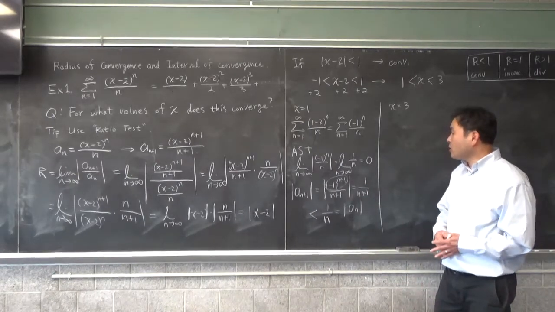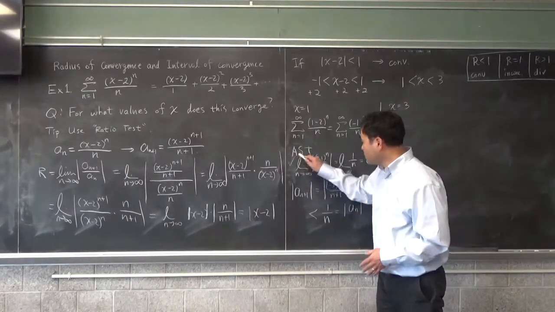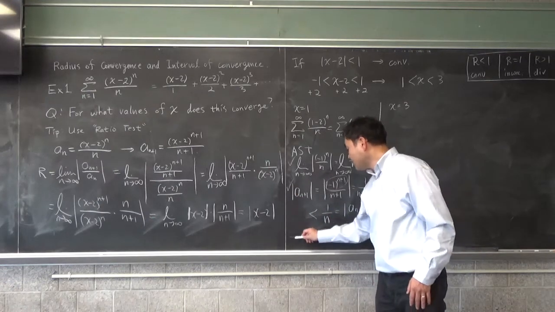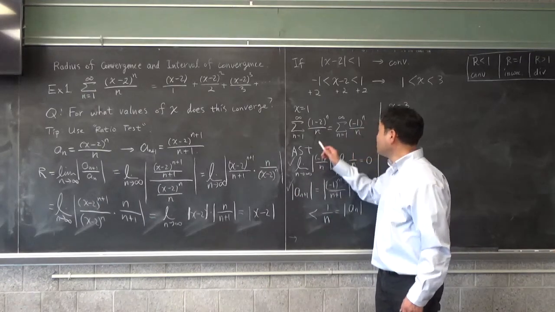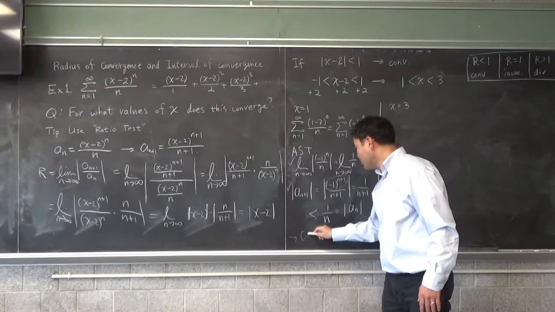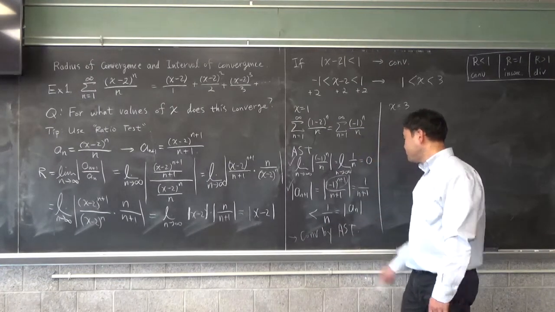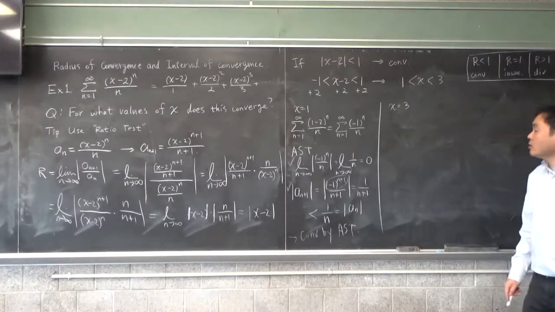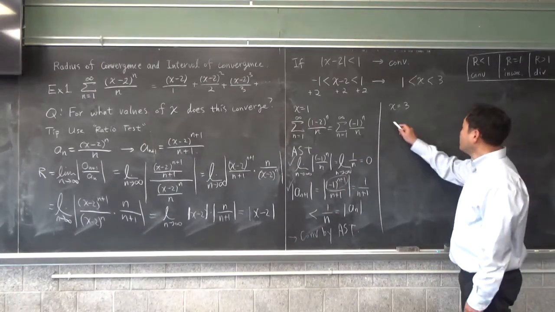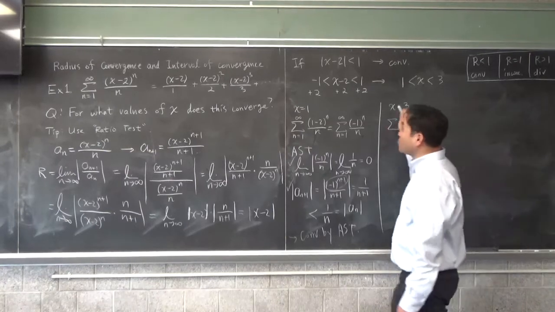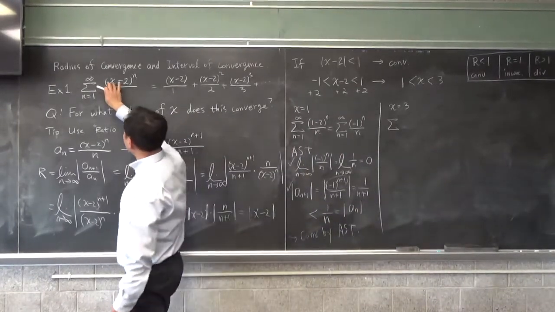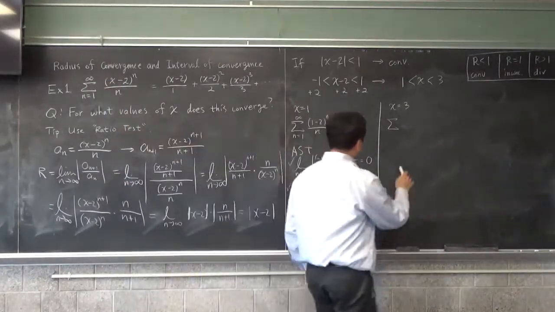All right, so because these two conditions are met, this one and this one, that says this case converges by alternating series test. Okay, on the other hand, let's try to plug in 3 into this series. So if I replace x by 3, what is that?